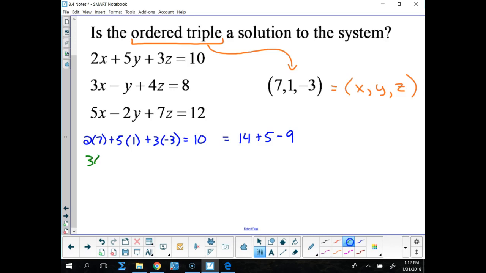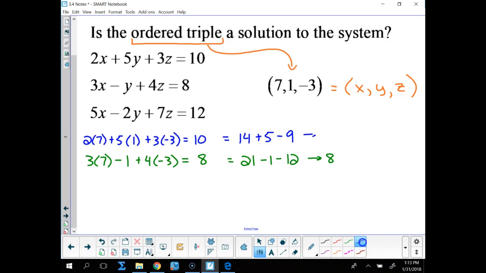So that's going to be 3 times 7 plus, minus 1 plus 4 times negative 3, and that's got to equal 8. 3 times 7 is 21, minus 1 is 20, minus 12 is 8. 8 is equal to 8.